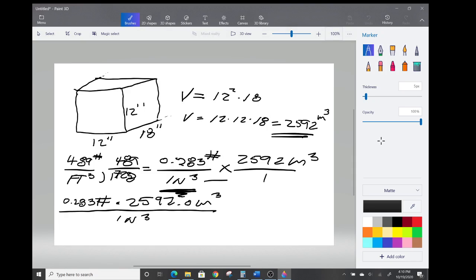Because in multiplying fractions, you multiply the bottoms and you multiply the tops, right? Okay. So we got pounds times inches cubed divided by inches cubed. Well, the inches cubed will cancel out, leaving us with what?